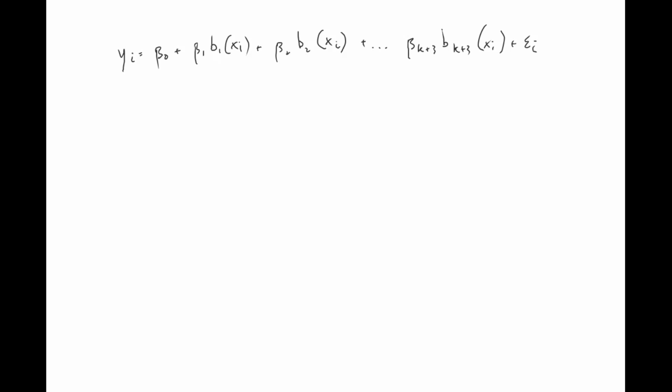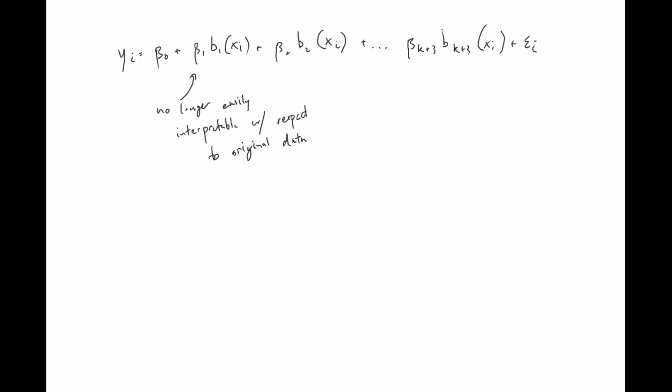So here, because you are transforming our inputs, the betas are no longer easily interpretable with respect to the original data.